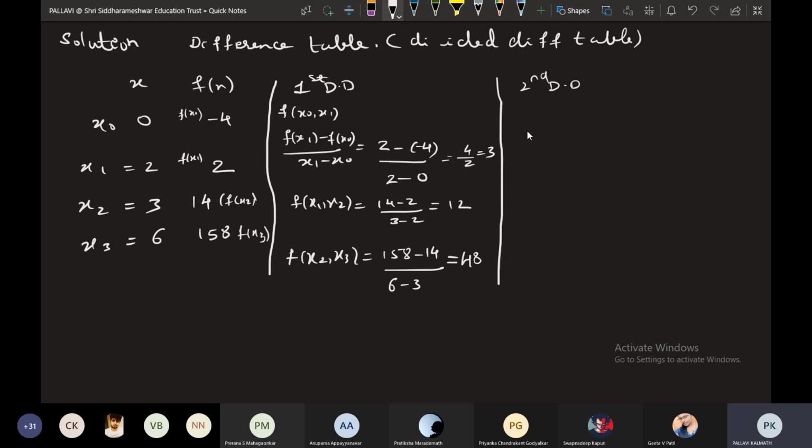So how will the formula be denoted? This is f of x naught, x1. The second difference is denoted as f of x naught, x1, x2. And what is the formula? f of x1, x2 minus f of x naught, x1, divided by x2 minus x1.